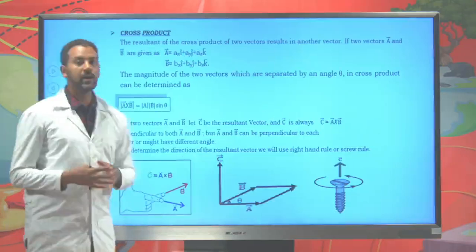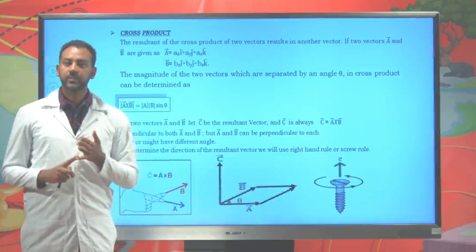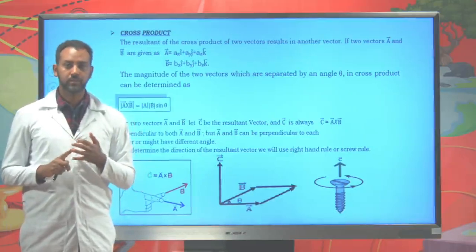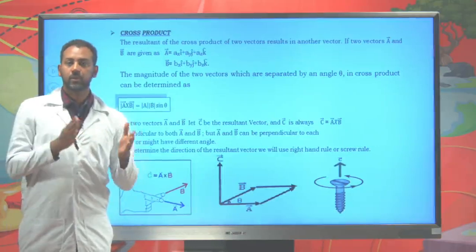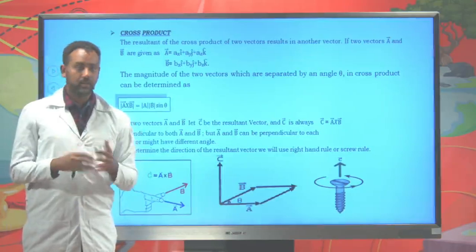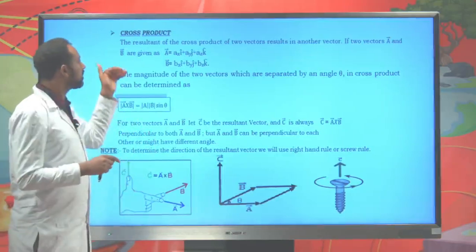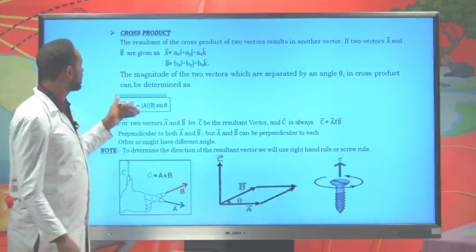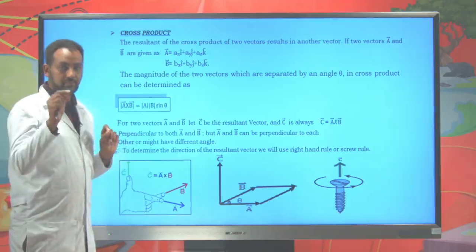Now let's try to see the cross product of two vectors. So far we have seen the dot product of two vectors. Whenever we multiply two vectors, it might give us a vector or a scalar. Previously, we have seen the dot product. Now, let's see the cross product. The cross product of two vectors results in a vector.